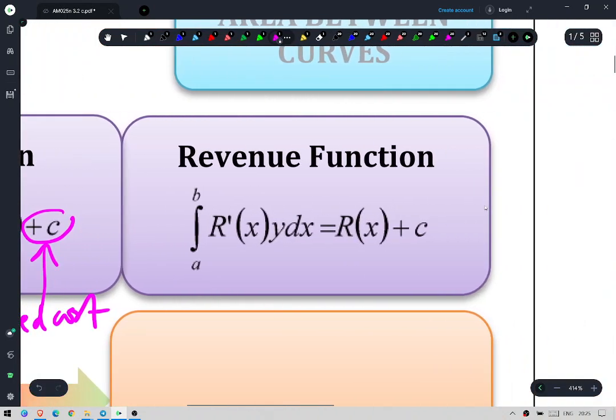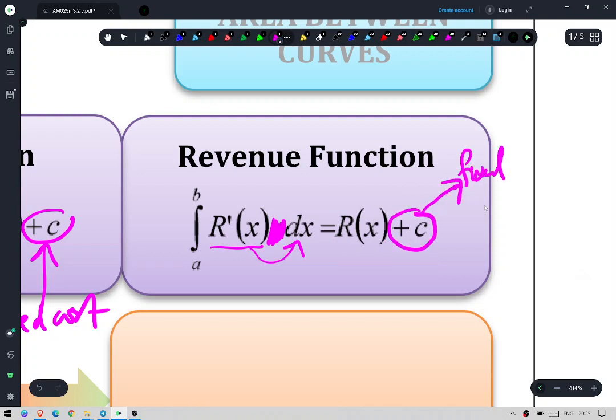Next, this one also has a typo, sorry. So for revenue function, integrating marginal revenue with respect to X, we can get revenue function, plus C. By right, this is fixed revenue.